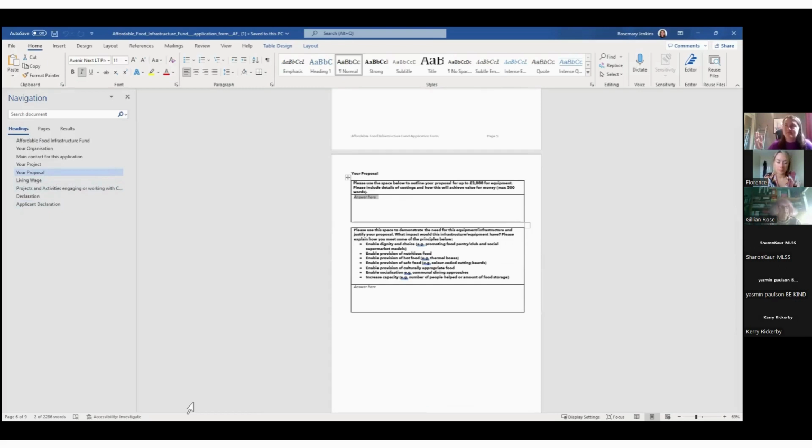I'm literally making this up, but this would help us to store 100 kilograms more food per month. That would help us to provide nutritious food to people who use our food bank, and it would also enable us to store more culturally appropriate food, therefore also meeting the culturally appropriate criterion. Does that make sense? That's great.